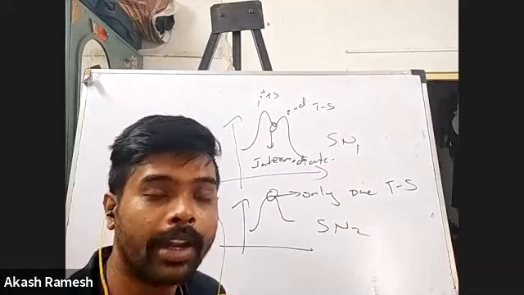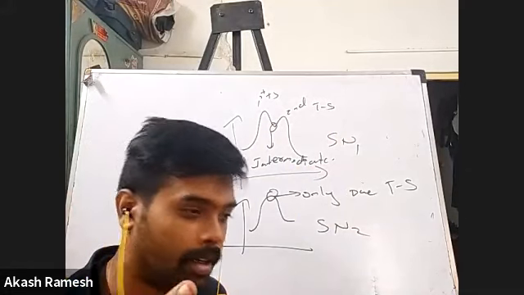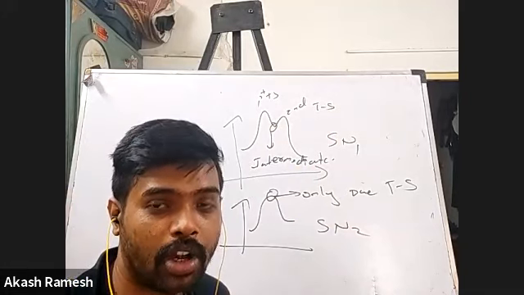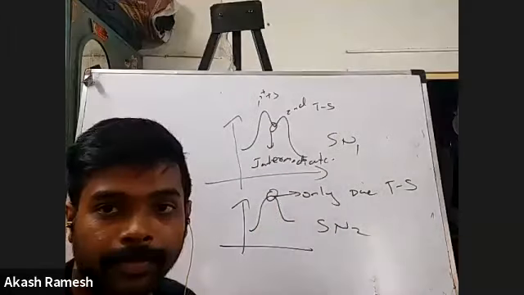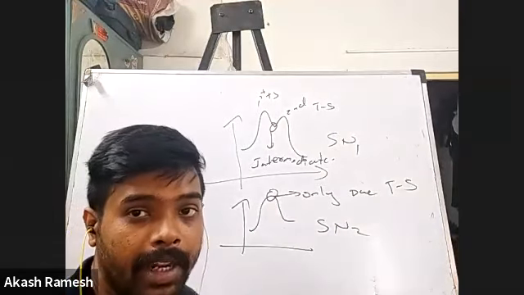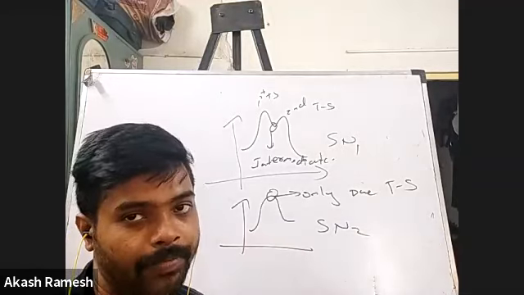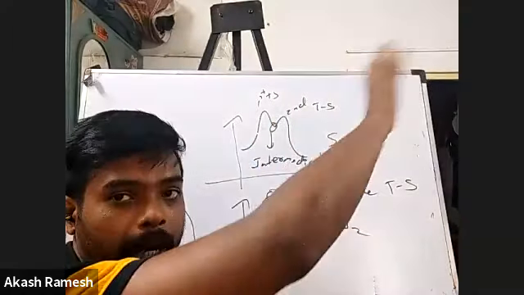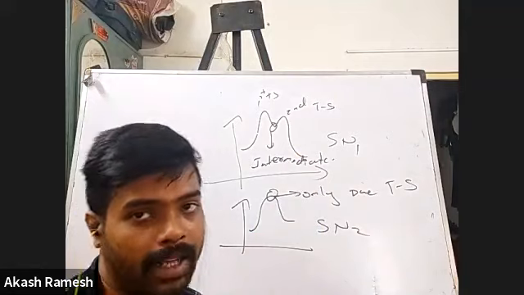So I told you I'll be able to decide whether the reaction is an elementary reaction or a complex reaction. If you see only one peak like this, then it is definitely an elementary reaction. If you see more than one peak, say so many peaks, those are going to be complex reactions.